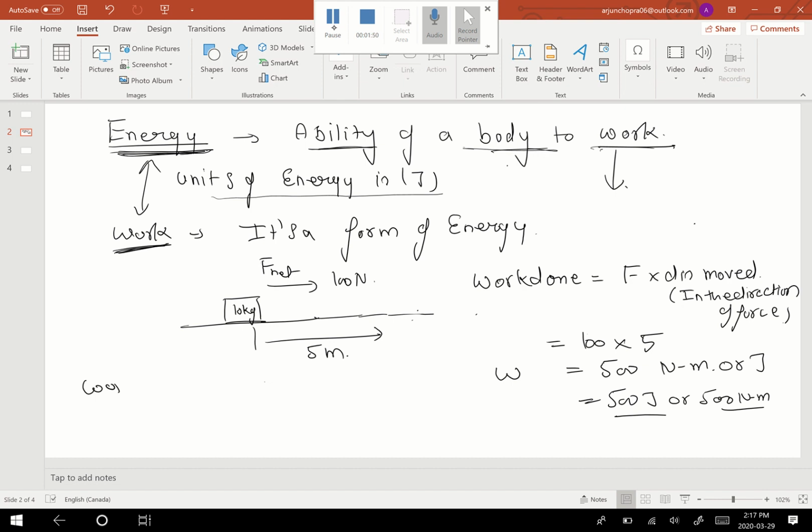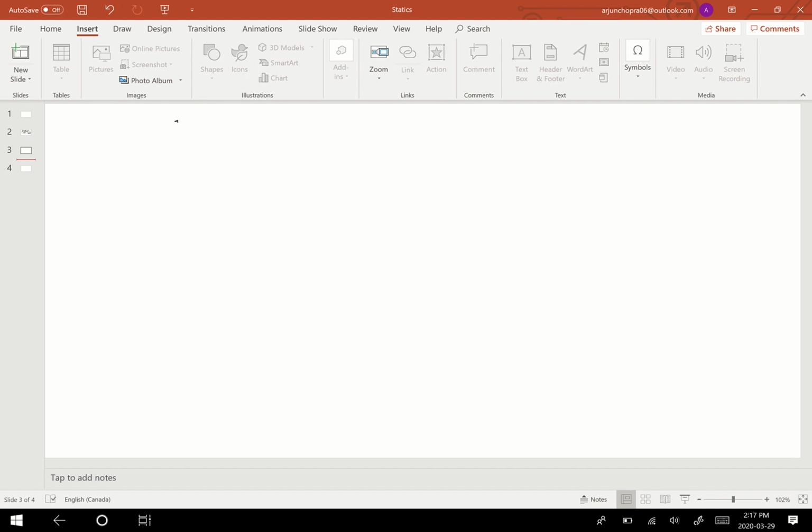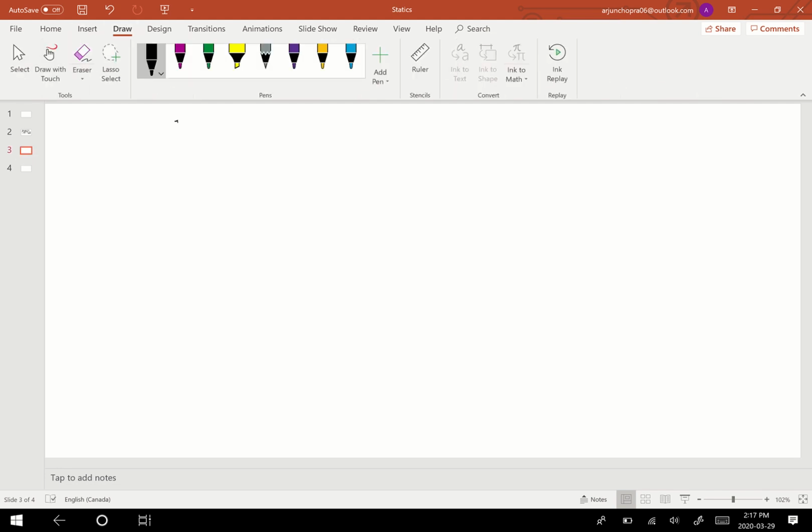Work is a scalar quantity. If it is a scalar quantity, then energy will also be a scalar quantity. Now, we said that work is a form of energy. In the same way, there are different forms of energy.